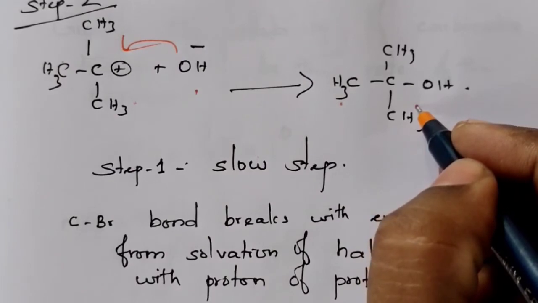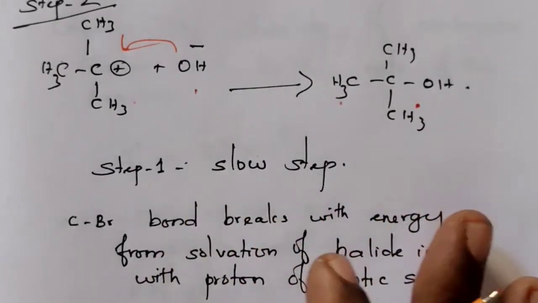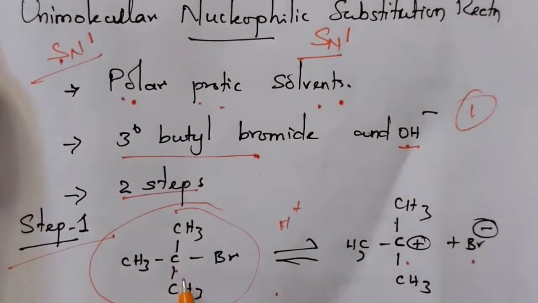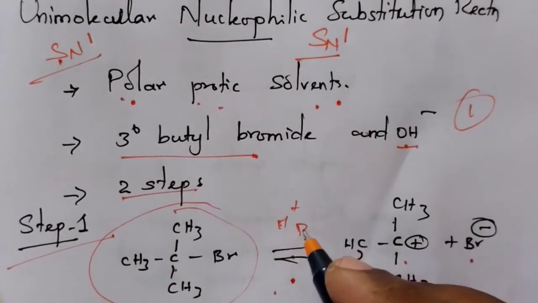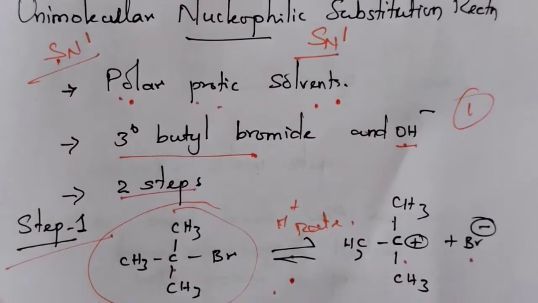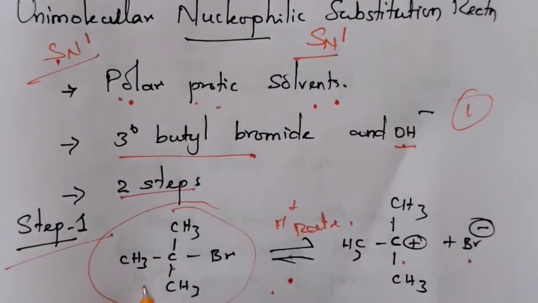In this reaction, the first step, that is the ionization of the alkyl halide, is the slow step and is a reversible process. For all reactions, the slow step is the rate determining step. This step consists of only one substrate molecule.